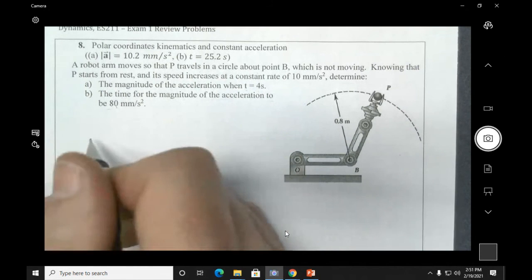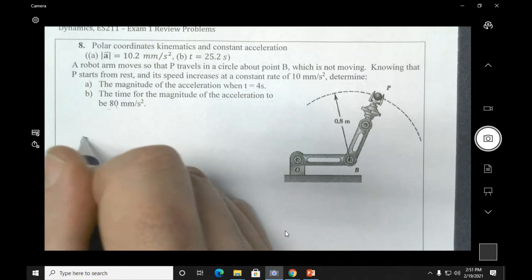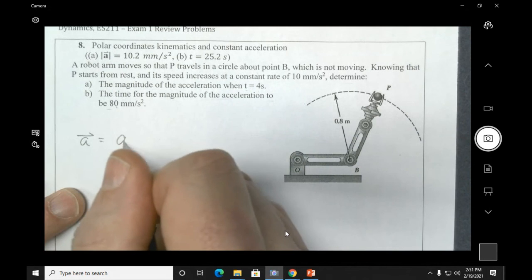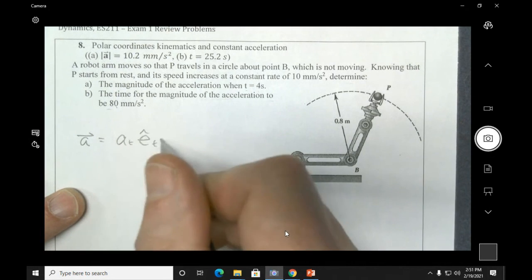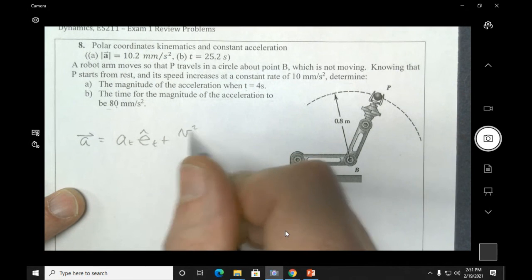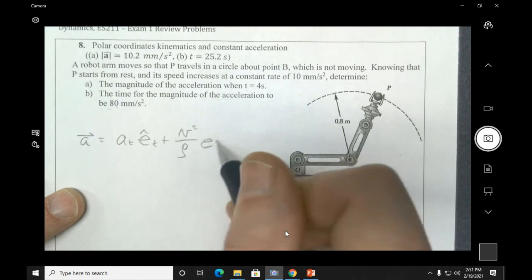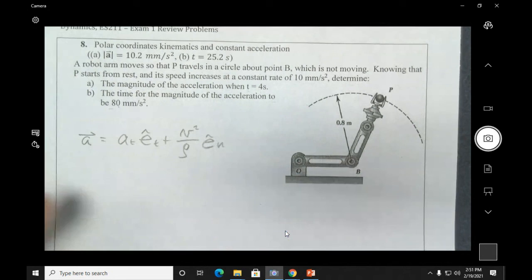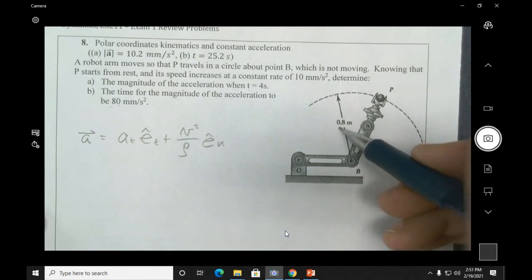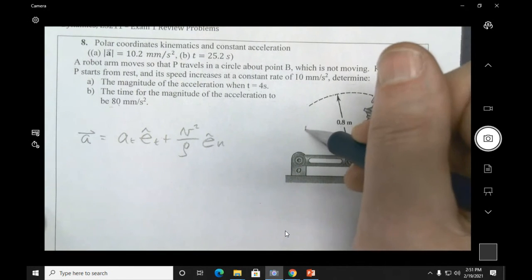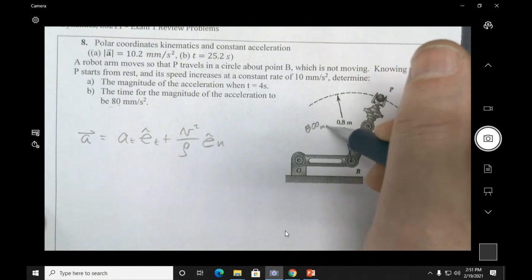So we remember that our total acceleration is going to be the tangential acceleration, which is really the speed change, plus the velocity squared divided by the radius of curvature, and the radius is given as 800 millimeters. Let's keep everything in millimeters.